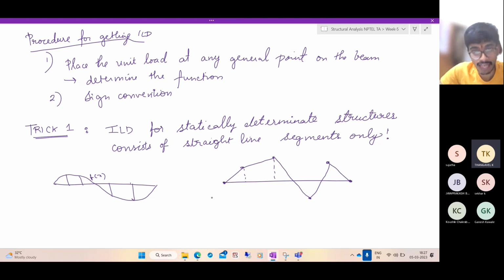But you should be careful. If you are considering shear force at a point, to the left and right there will be a discontinuity at the point where we are trying to compute it.